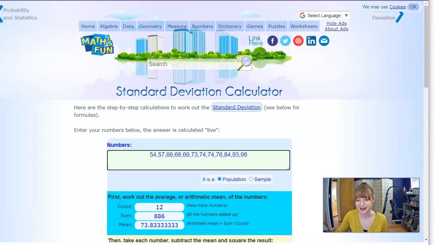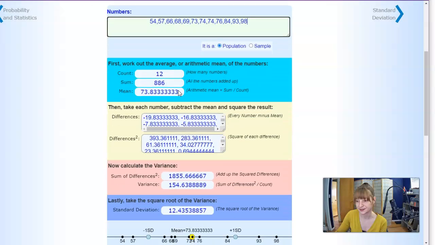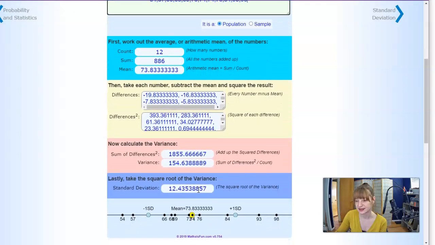So here's our website, and I typed in my values from that stem leaf plot, and I just separated them with a comma. You see here we've selected population. We don't want the sample, we want a population standard deviation. And if I scroll down here, it shows us the standard deviation in this blue box.